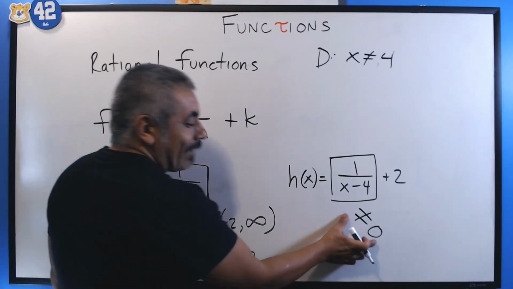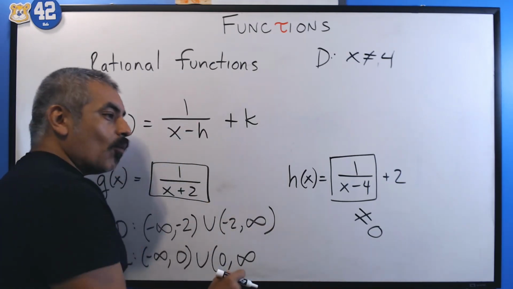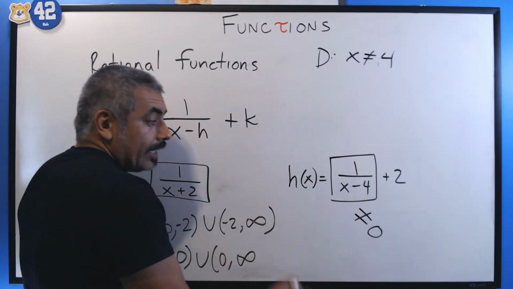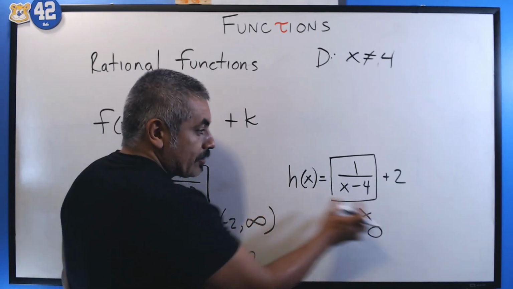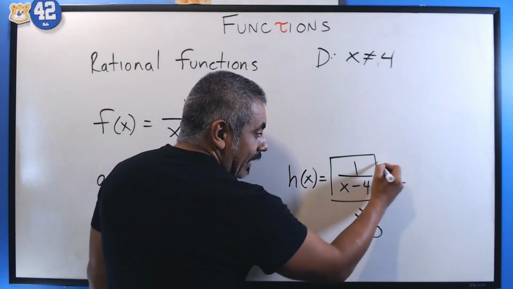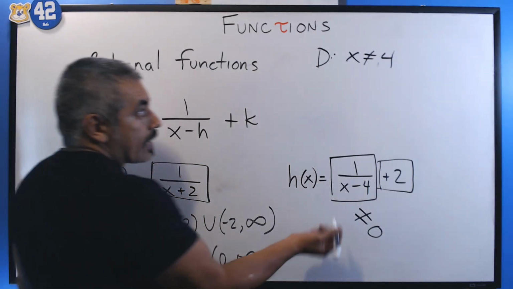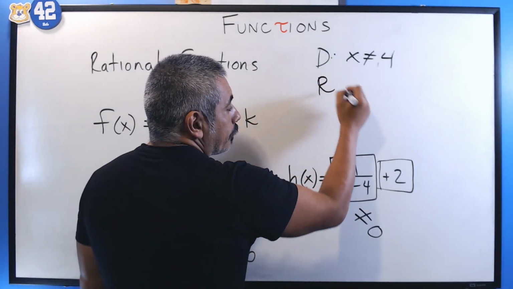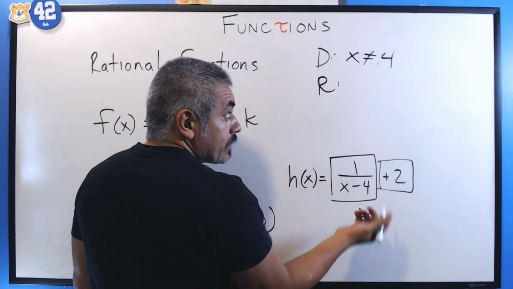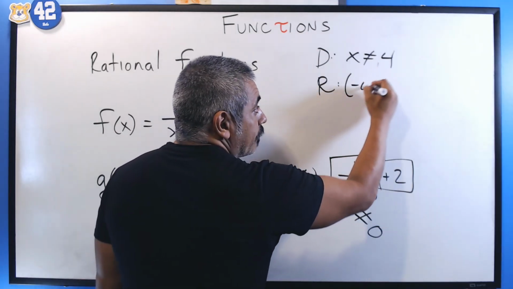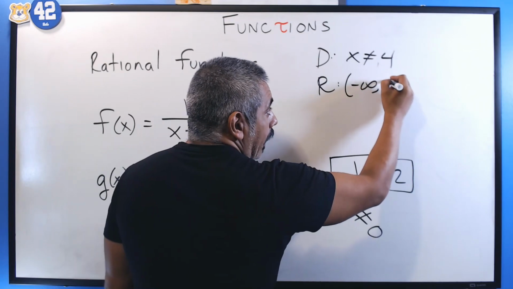But since it could never be 0, it's always going to be either a little more than 0 or a little less than 0, so this function will never return a value of 2. We will never get 2 out of this function. And so we would say that the range, and we're now going to write it in interval notation, we're going to start at negative infinity all the way to 2.